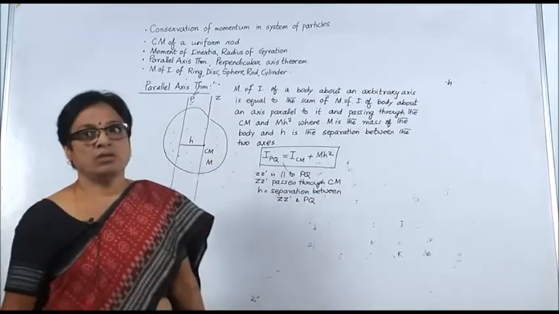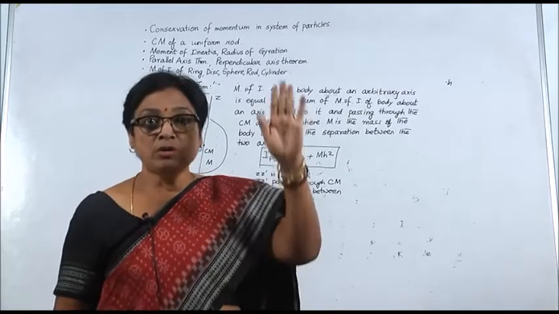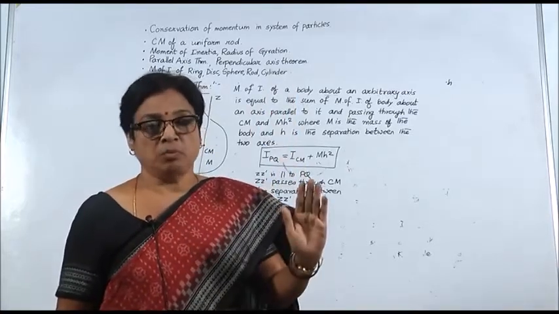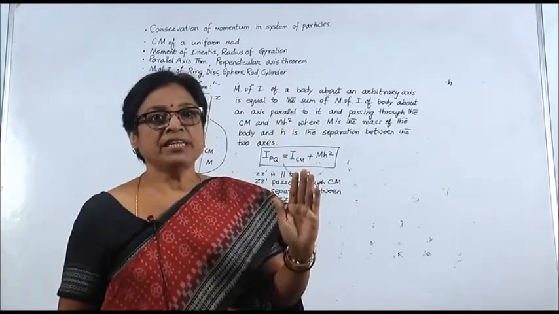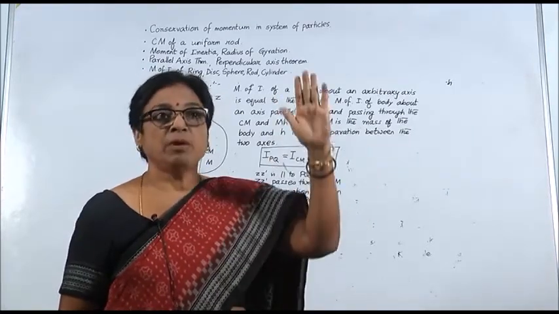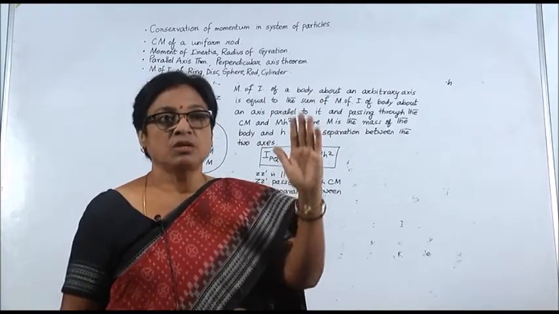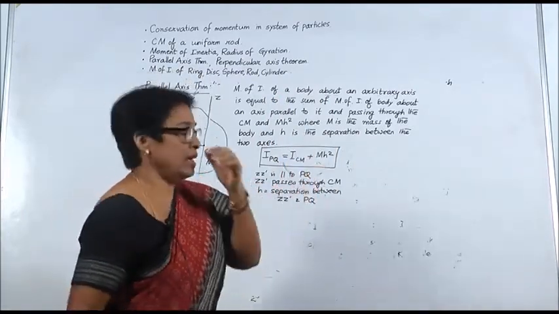So that means if you know the moment of inertia about an axis passing through the center of mass, then you can find out moment of inertia of the body about another axis parallel to the first axis by applying this parallel axis theorem.